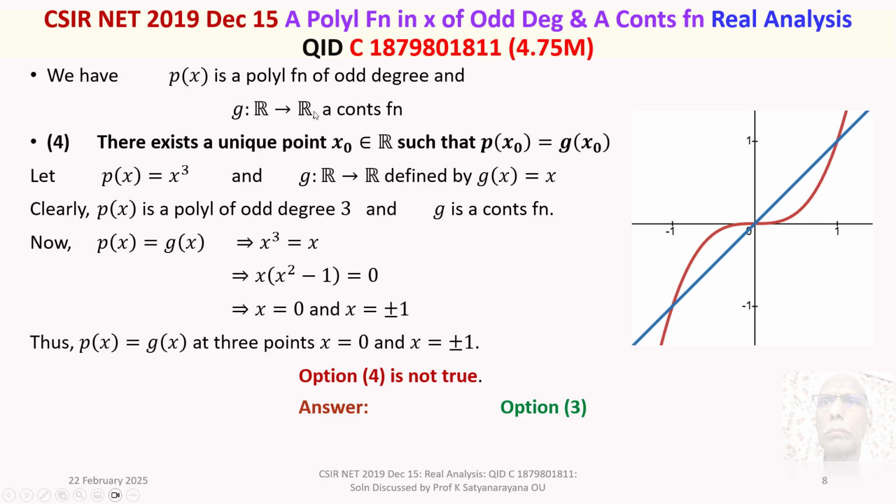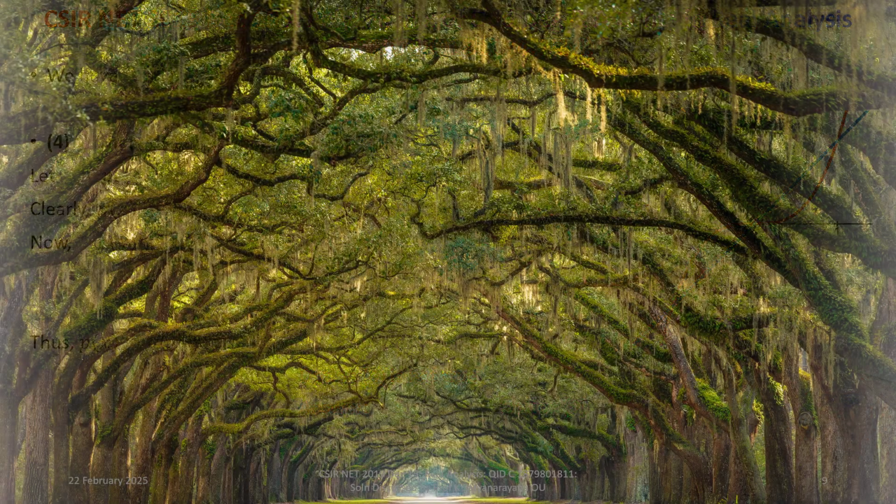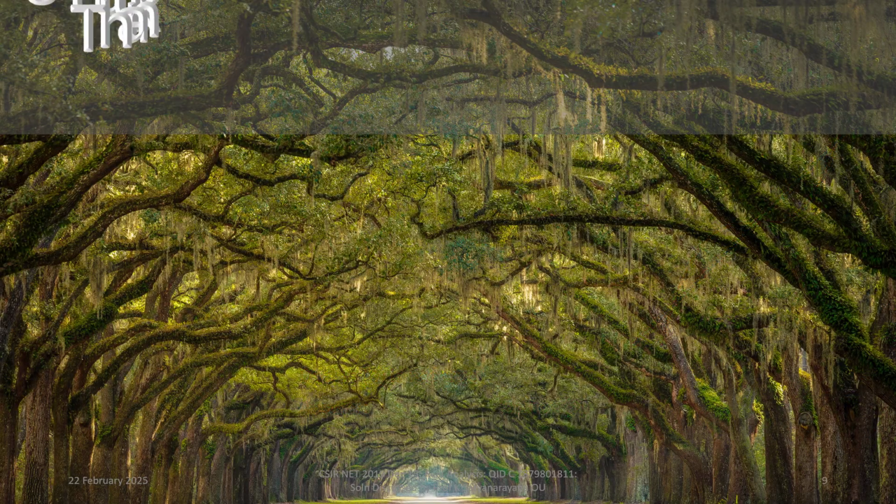And if you are given g, a continuous function, how many common points are there? Mostly in 3 of the options, you have to use your brain and get the counterexample. And the proof is very, very simple for option 3. With these few words, I am sure that you have understood the solution of this problem.